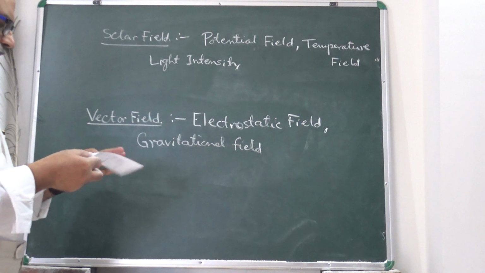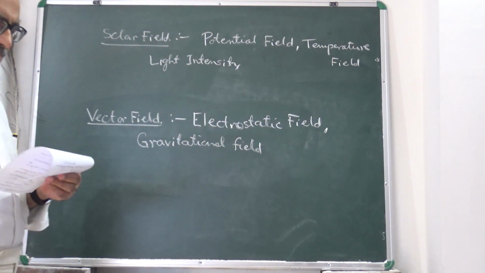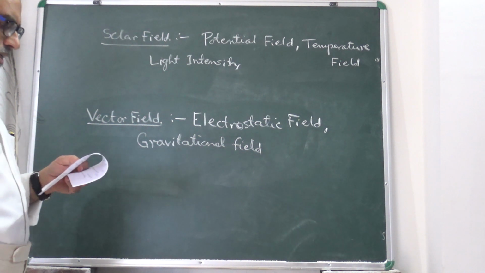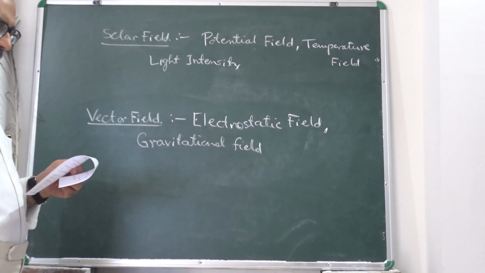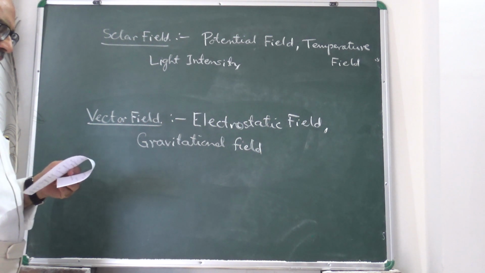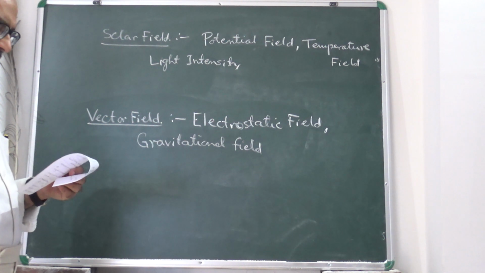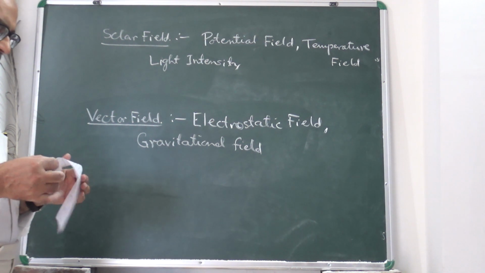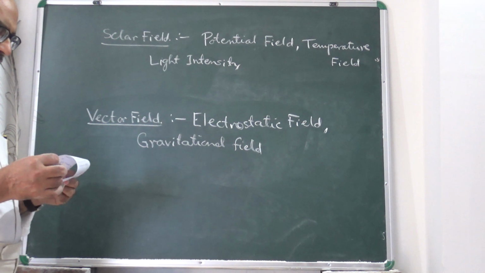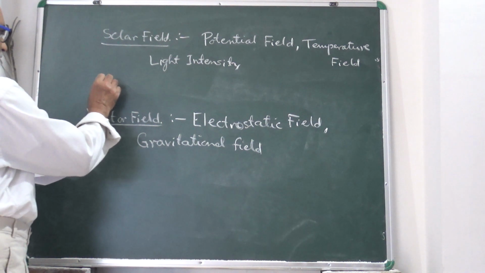Now, what about quantum field? According to quantum field theory, every particle is associated with a field. Fields exist everywhere, even in vacuum. We cannot see or detect it by any means. Lagrangian associated with the fields are denoted as Lagrangian density.